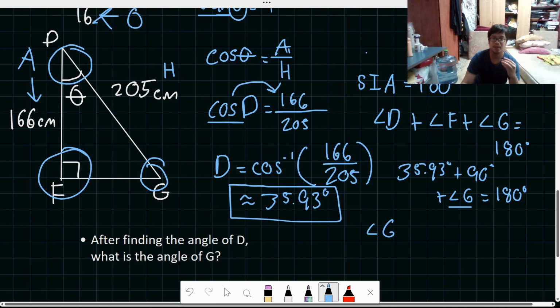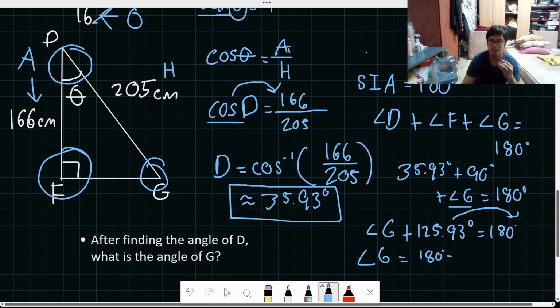First, let's combine 35.93 degrees and 90 degrees together. 35.93 plus 90, we have 125.93 degrees, right, is equal to 180. Then we just simply transpose this 125.93 to the right so that we can combine it with 180.